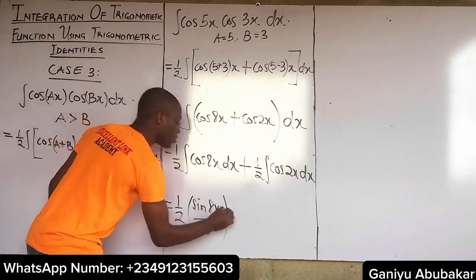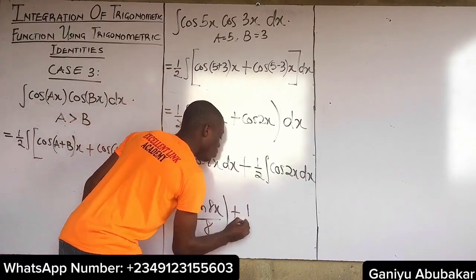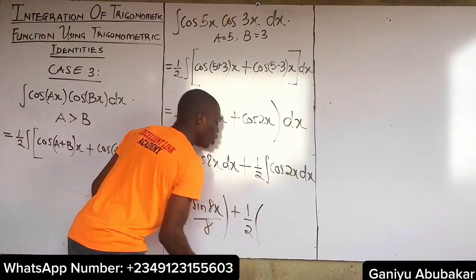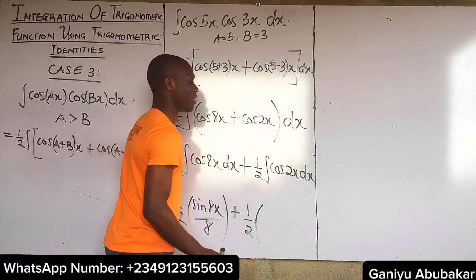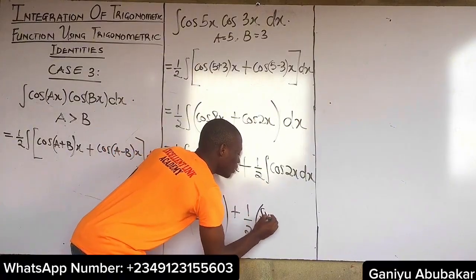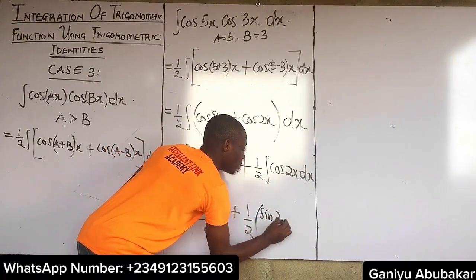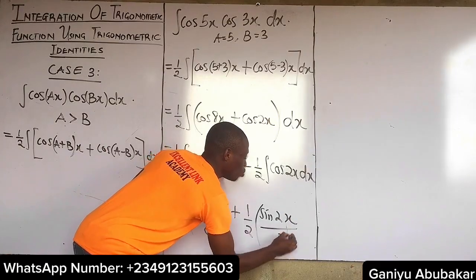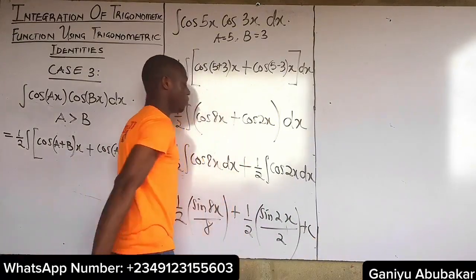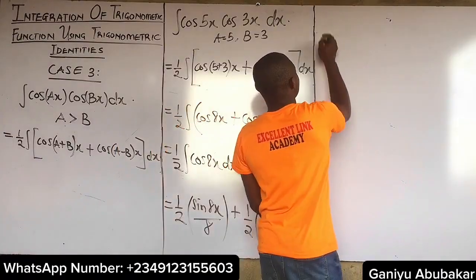Alright, plus 1 over 2 into the integral of cos 2x, I'll have sine 2x all over 2. Next up, plus c. Let's finish this one up here.